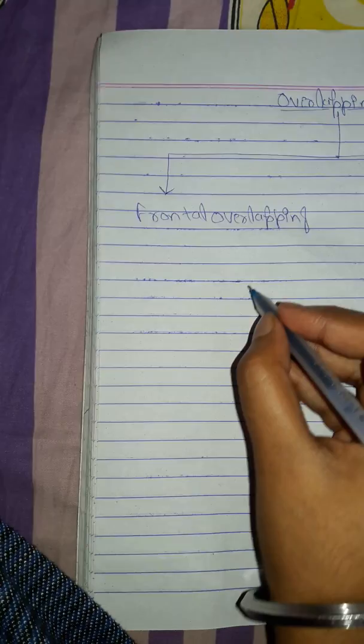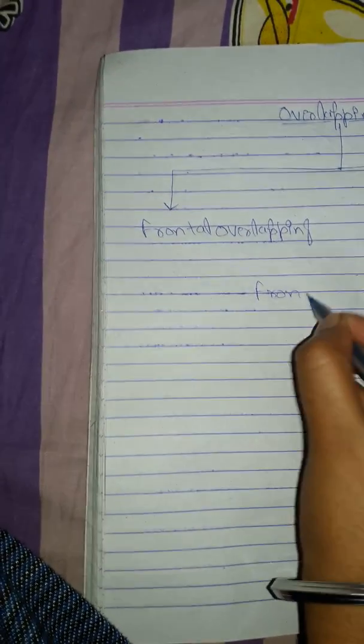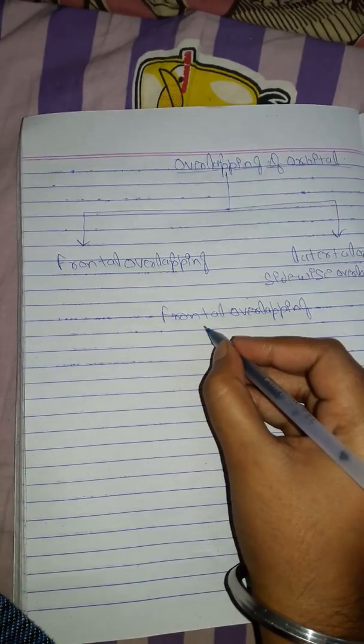First, I give you a preview of frontal overlapping. In frontal overlapping, the overlapping takes place from the front side, means maximum overlapping, like the fingers of both our hands go completely inside.